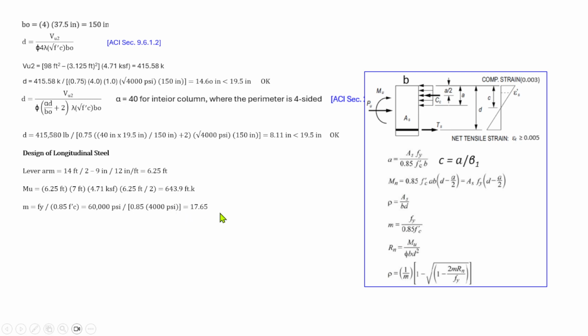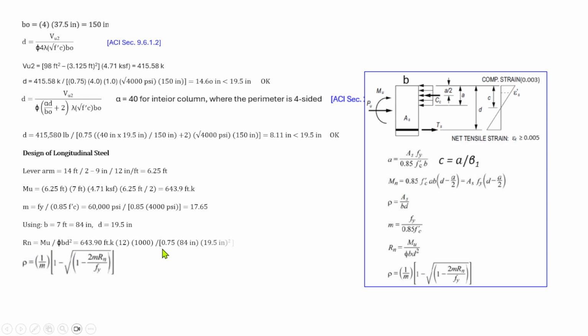and that would give us 17.65. The next one is using b of 7 feet, or 84 inches, with a depth of 19.5 inches, we can calculate Rn. So Rn is Mu over phi times b d squared.